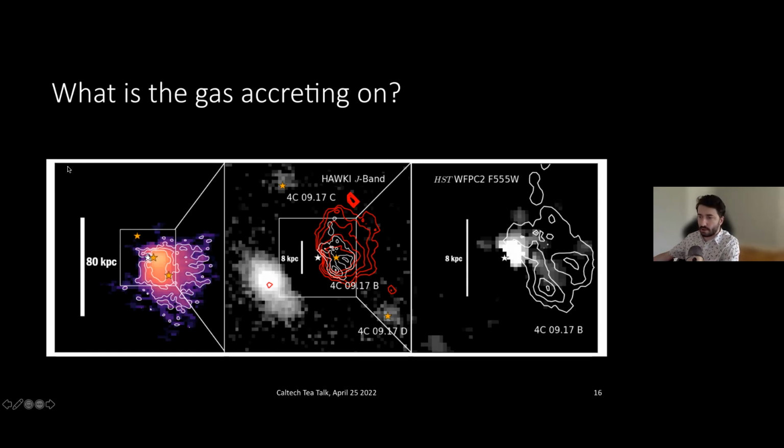This left panel shows the large scale view. Again, the bar here is about 80 kiloparsecs. Then if we zoom in on this galaxy group in the background, this is stellar continuum at rest frame of about 5,000 angstroms that was observed in the near infrared. You can see that the 2 orange stars here are associated with 2 galaxies.